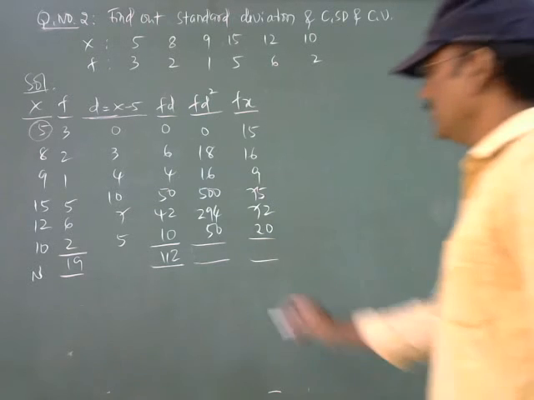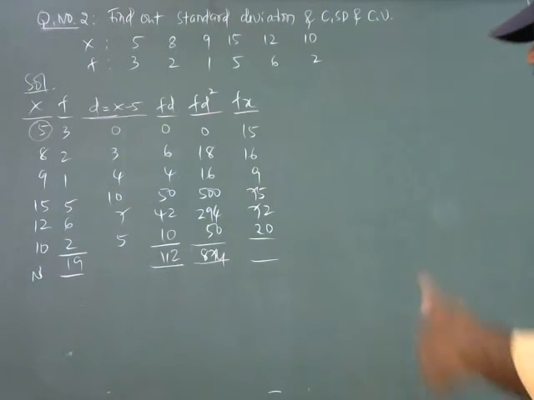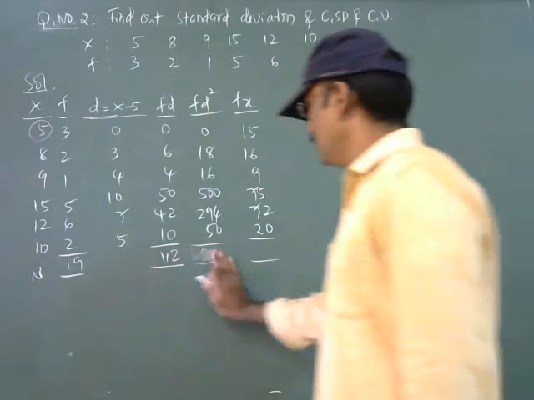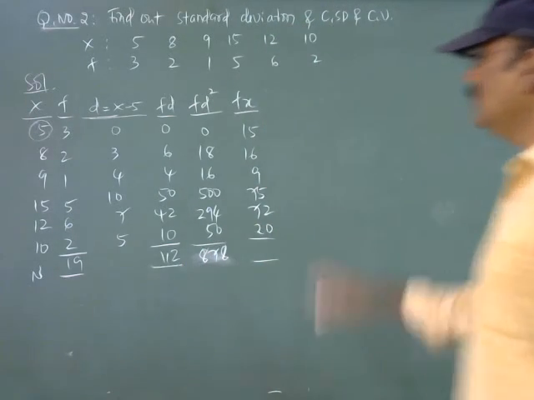So we get the total 874. You check the total; if any mistakes are there, you rectify. It is 878 actually, not 874. Clear?